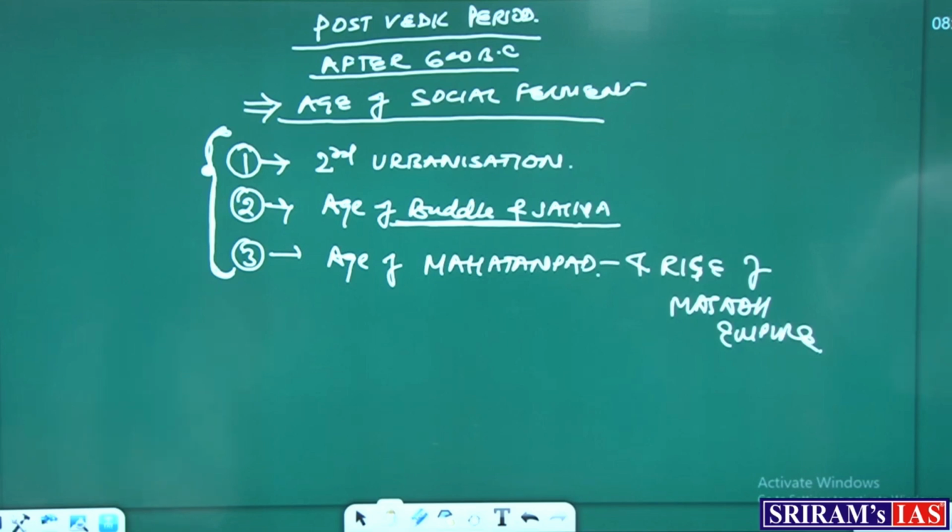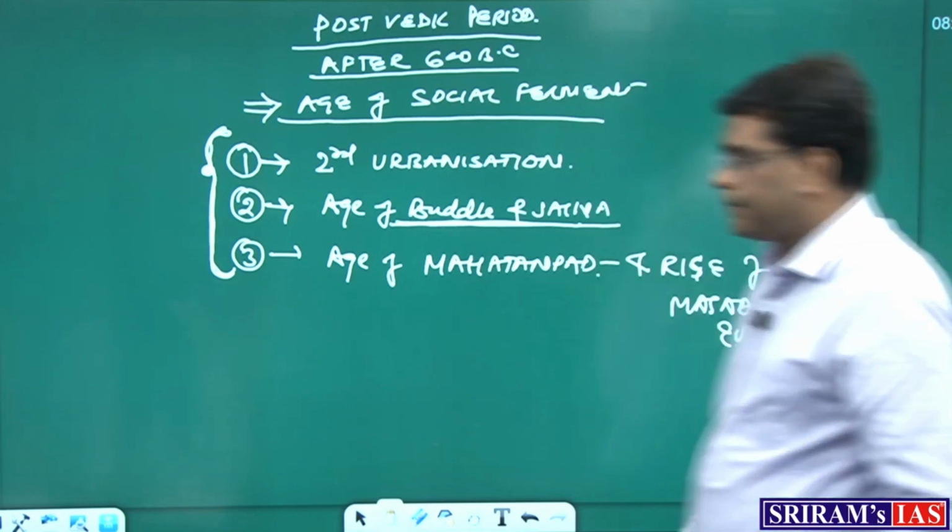When we talked about the second urbanization, the first being the Harappan and second the Gangetic Valley. The Harappan Indus Saraswati region was the core region, and then the Gangetic Valley. So Harappan is 2000 BC and Gangetic Valley around 600 BC. So there is a gap.